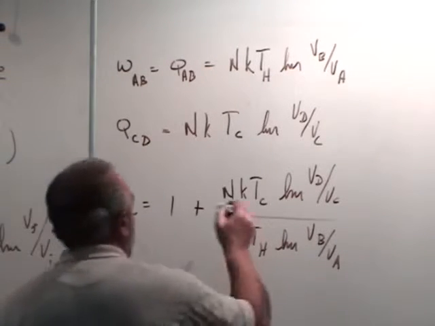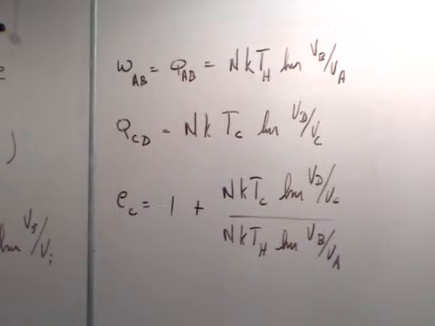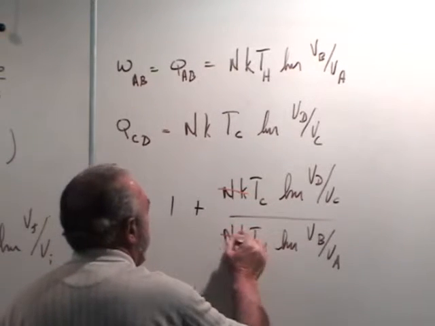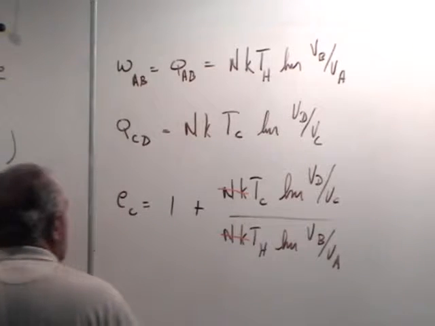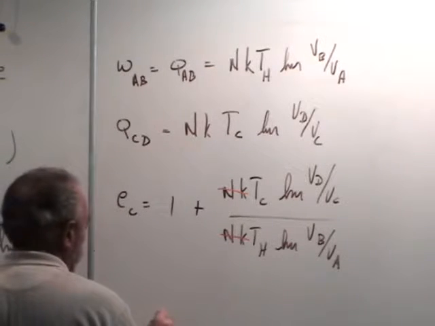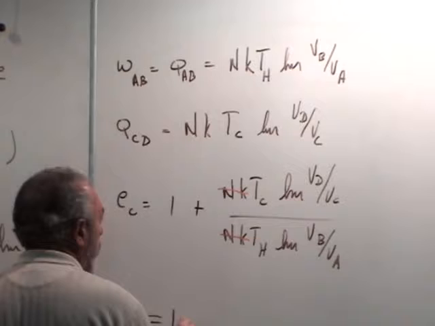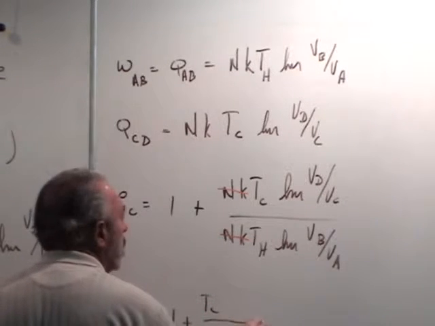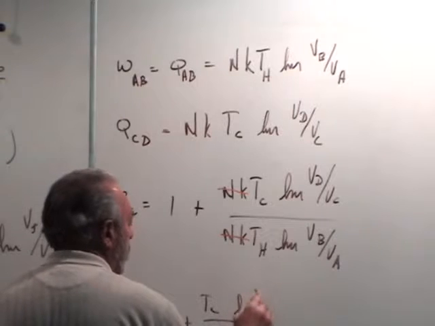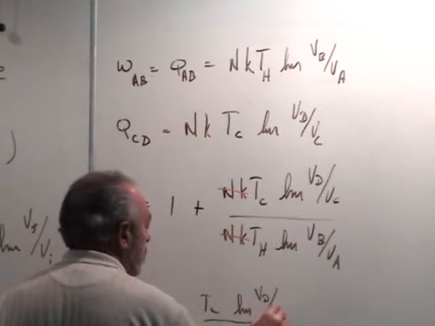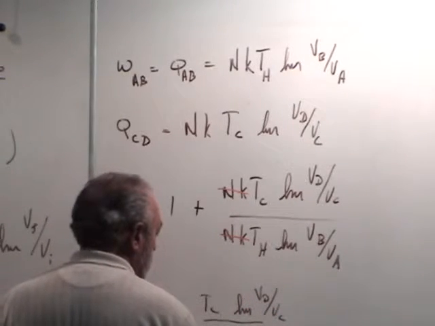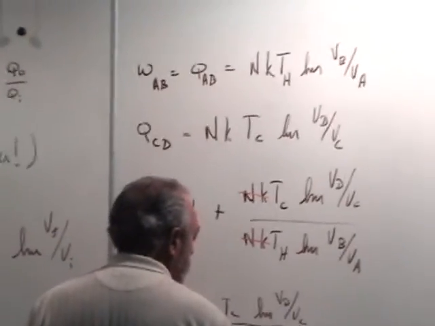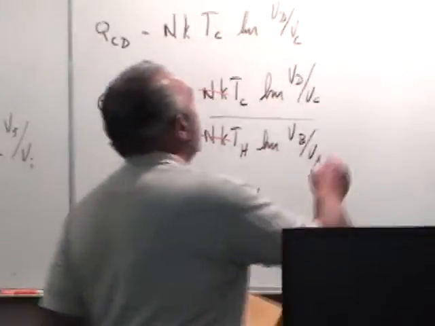Of course, in common, we've got the N and the K, so we can cancel those out and simplify things slightly. Carnot efficiency is 1 plus T cold ln VD over VC, over T hot ln VB over VA. However, what if I write it like this?